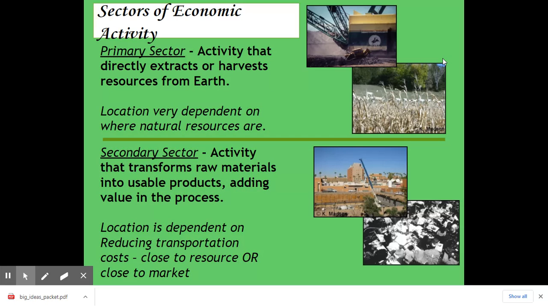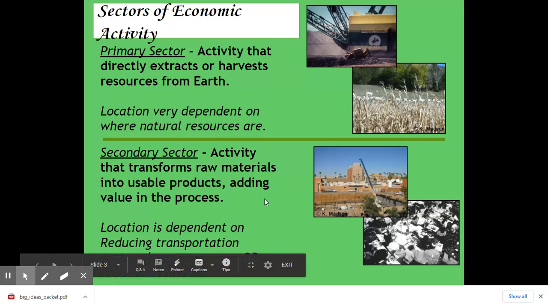That is called the secondary sector. It's activity that transforms raw materials, is what you're going to write down. Transforms the raw materials. And in doing that, you add value. So the raw materials here, wheat, you're going to make bread, or minerals, you're going to make diamond rings, and wood, you're going to make furniture.